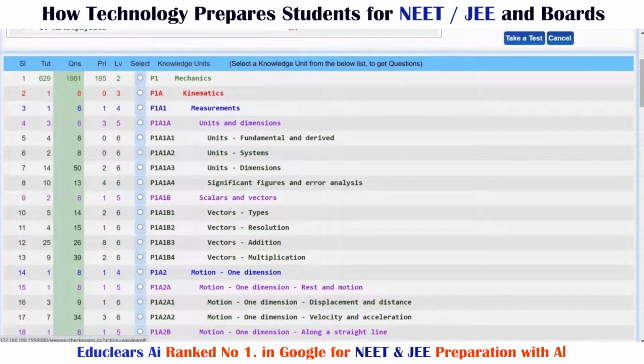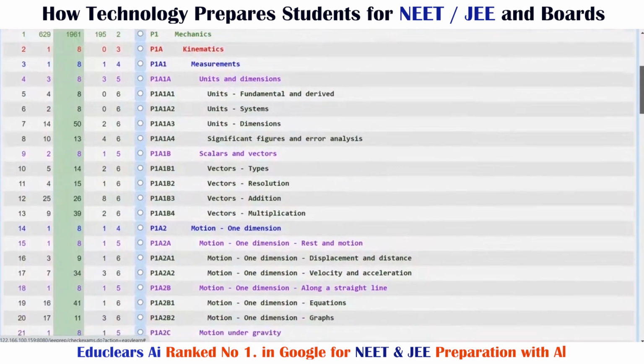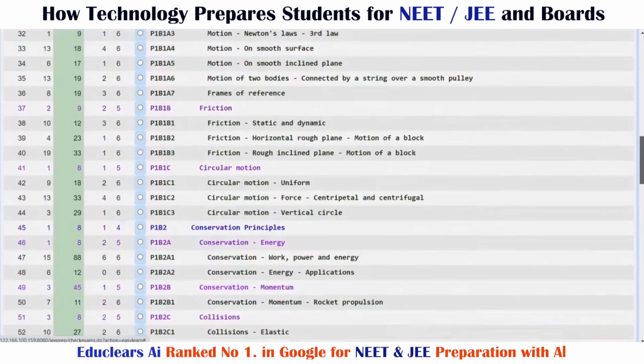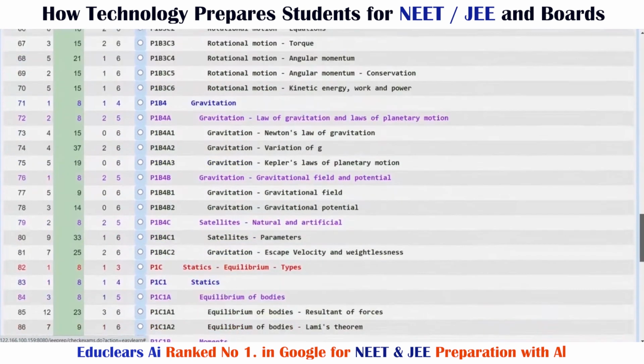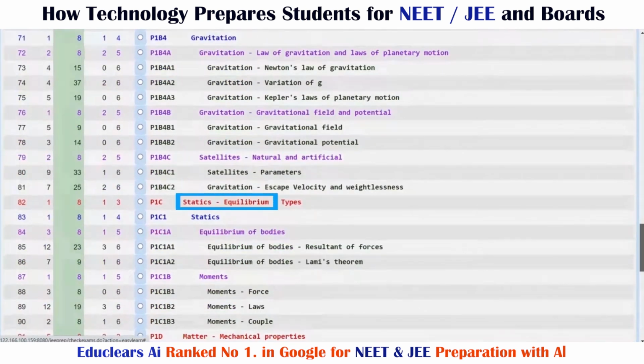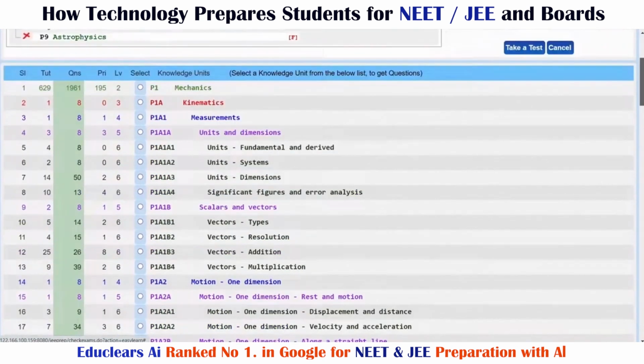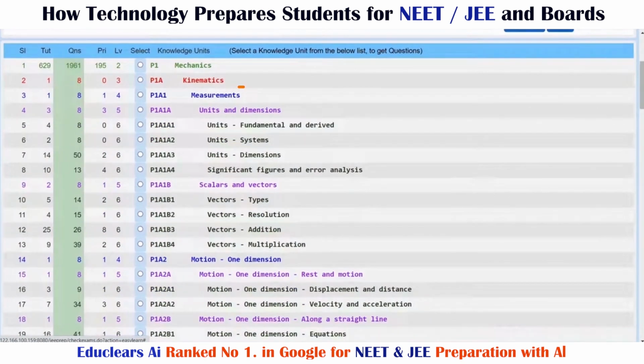For example, if we talk about mechanics topic, it is divided into 4 parts: kinematics, statics, equilibrium, and matter mechanical properties. If we come to the top of the list, we can see that kinematics is divided into 3 parts: measurement, one-dimension motion, and two-dimension motion.